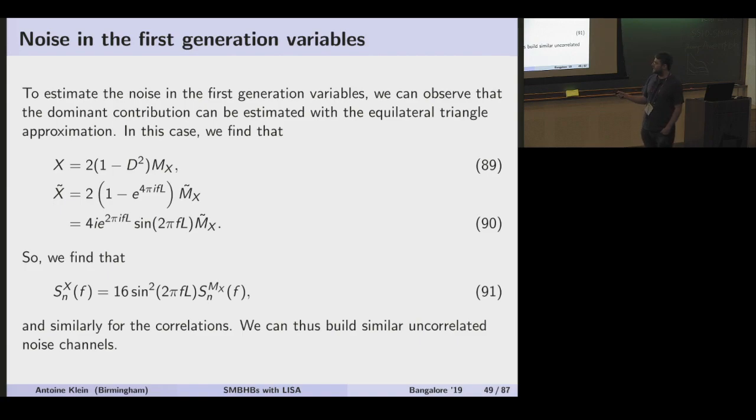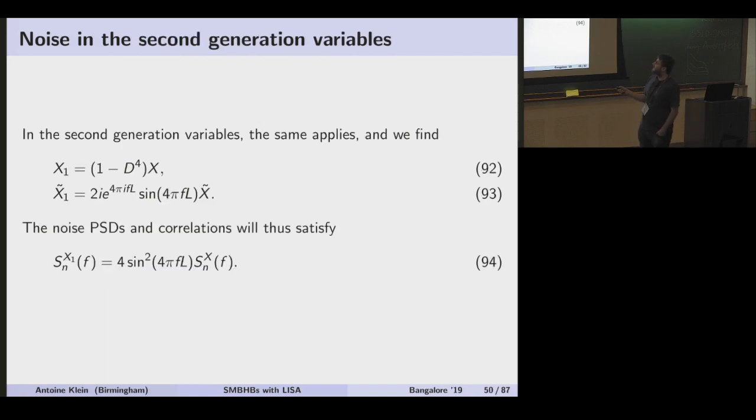So for example, here X tilde is proportional to mX tilde. And same thing for the second generation variables. X tilde 1 is proportional to X tilde.